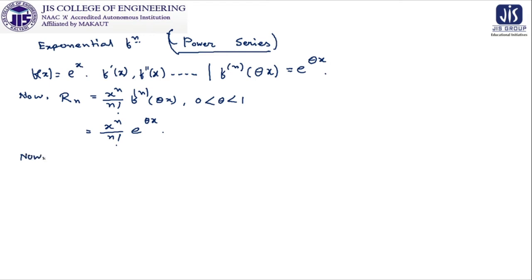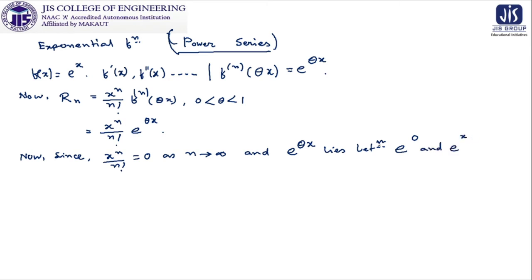Now check that x to the power n by n factorial tends to 0 as n tends to infinity, and e to the power theta x lies between e to the power 0 and e to the power x, because theta is lying between 0 and 1.